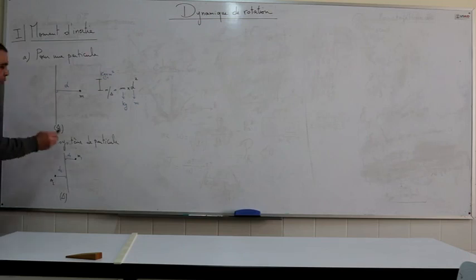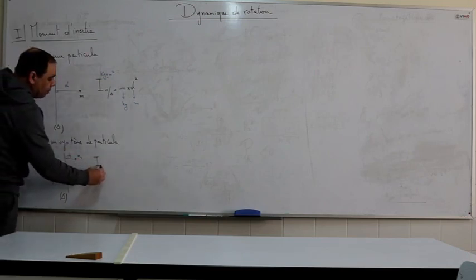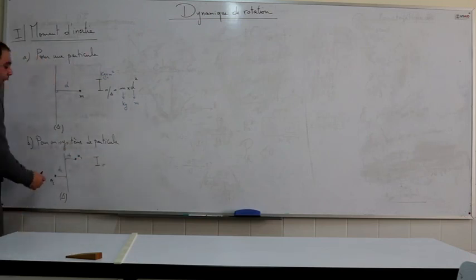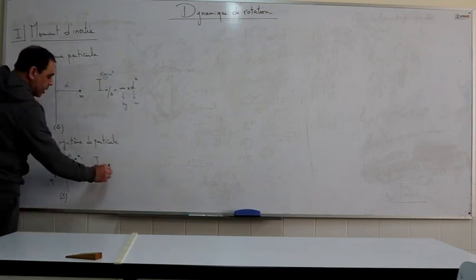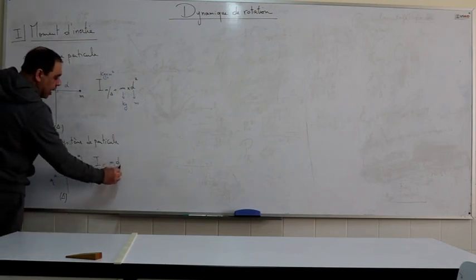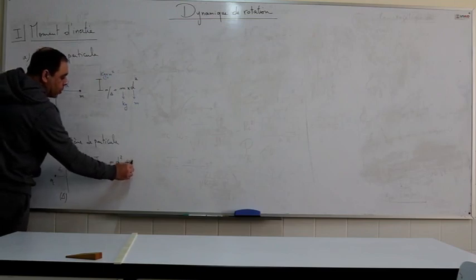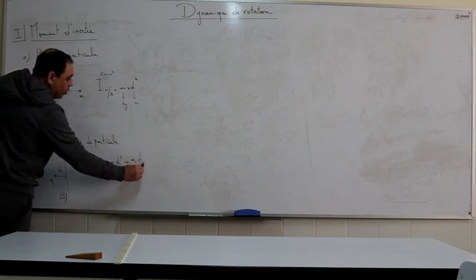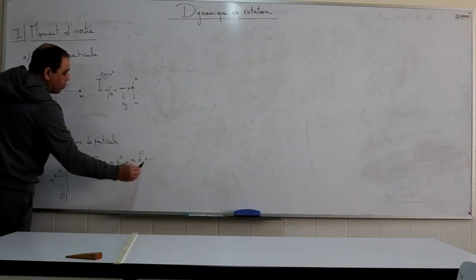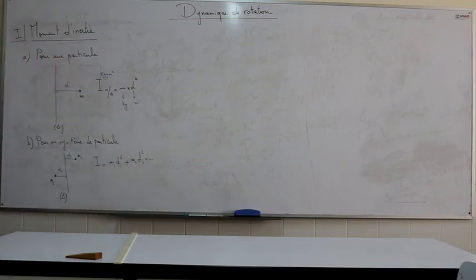So what is the moment of inertia of this system? It is equal to the sum of the moments of inertia of the particles with respect to delta, which is equal to m1 times d1 squared plus m2 times d2 squared, plus the moment of inertia of as many particles as you have.